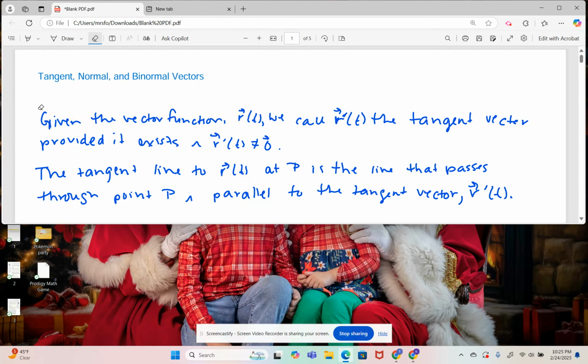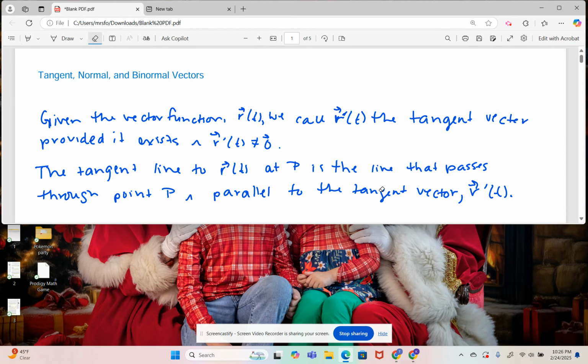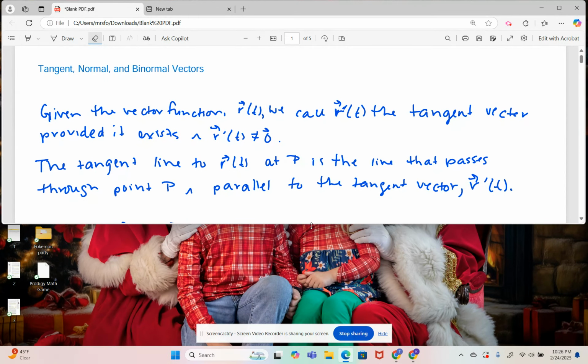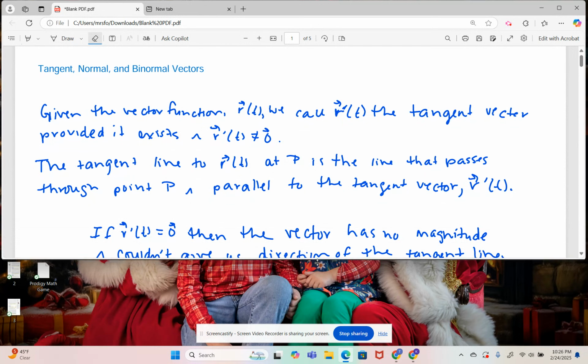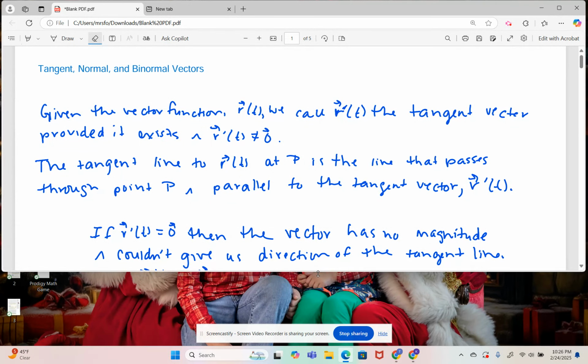The tangent line to the vector r of t at P is the line that passes through point P and is parallel to the tangent vector, the derivative of r of t.